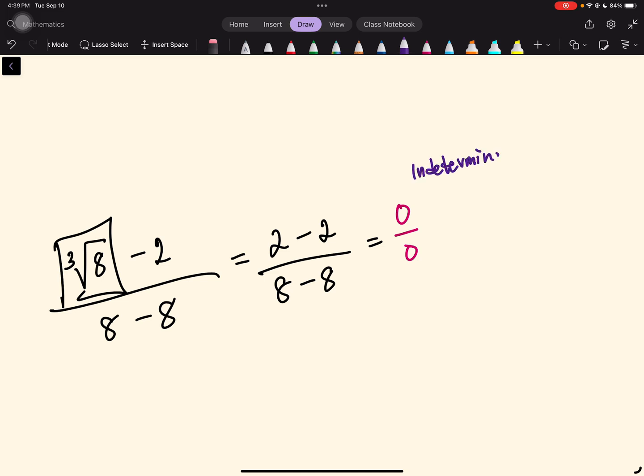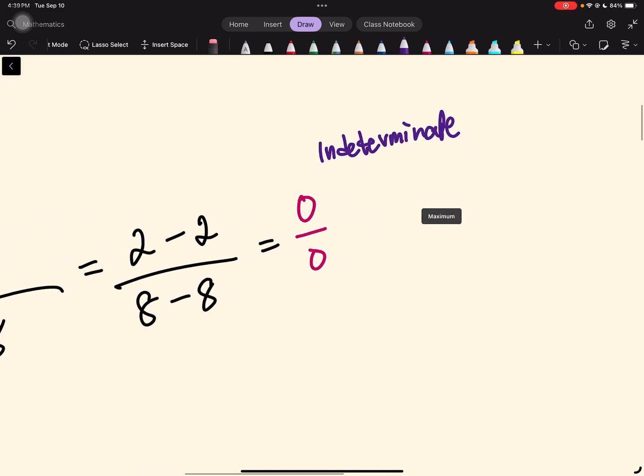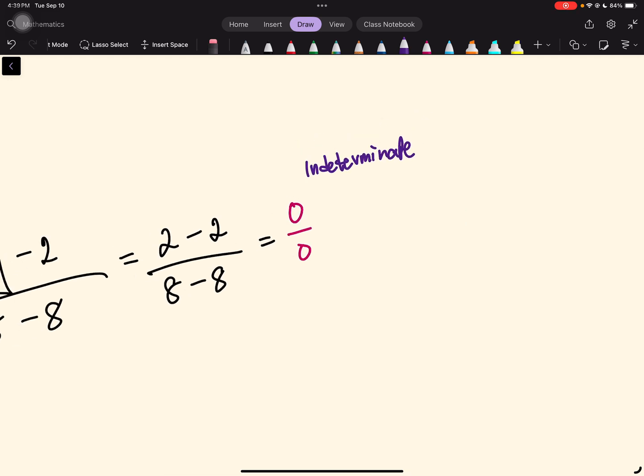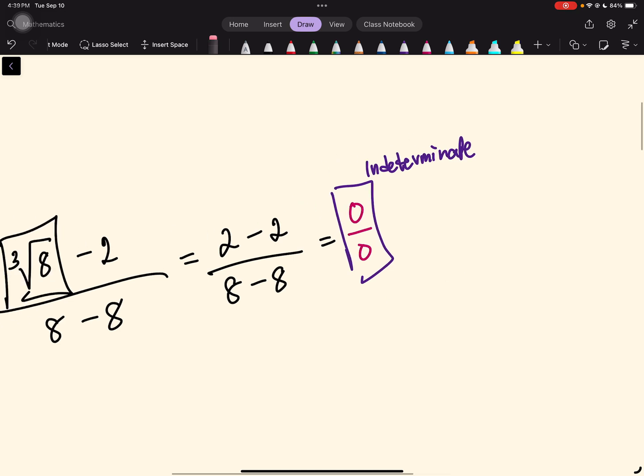So guys, whenever you have something that is indeterminate, kasi maraming forms ng indeterminate, di ba? Merong 0 over 0, merong infinity minus infinity, okay? That is your clue na pwede mong pasimplehin yung problem mo, okay?